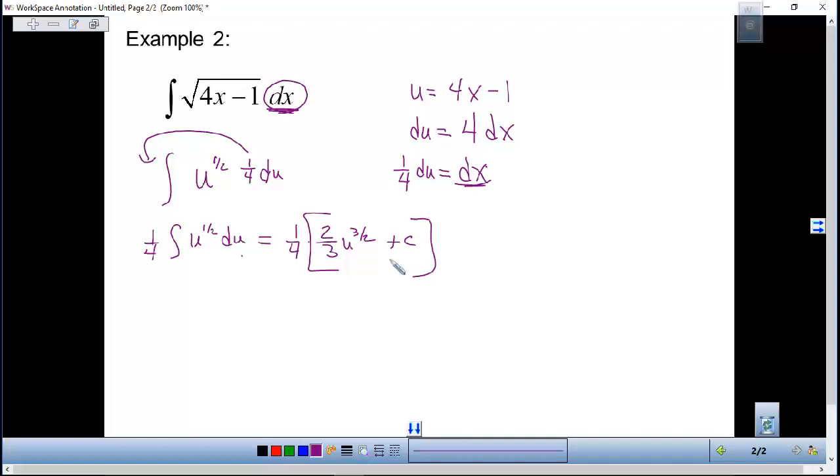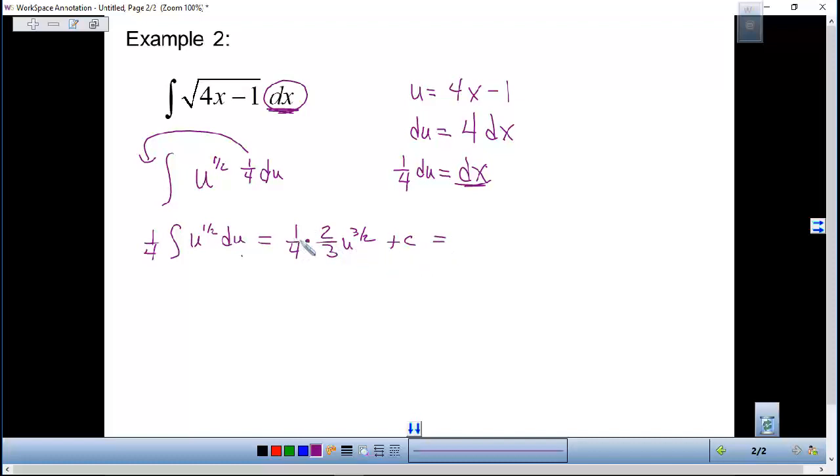The c is really easy to deal with until you actually solve it. Don't do anything with c unless you have to. 1/4 times c is just some new c, so don't worry about that. All you're worried about multiplying is this part right here.